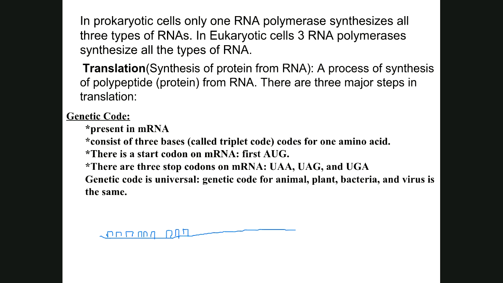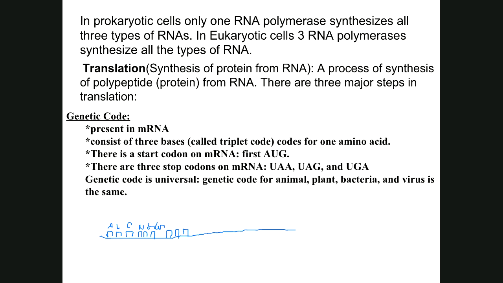Now what are these 3 nucleotides? It can be A, G, C. The next one may be U, G, G. So AGC is one code, then GCC is another code, AAA is another code, UGC is another code.